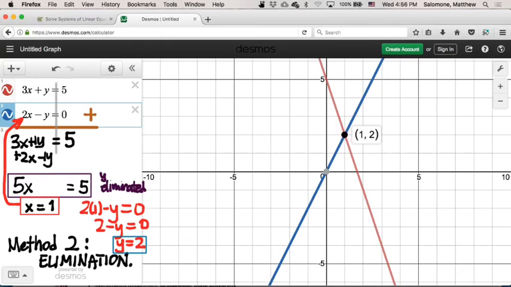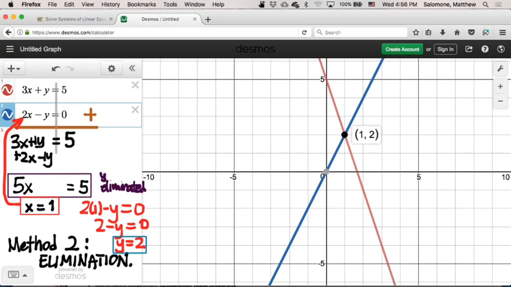And so the only difference between this method and substitution is in how we get rid of a variable. In substitution, we got rid of it by substituting. In elimination, we get rid of it by adding the equations together in a way that makes that variable cancel. And that was real easy in this example, because already, in the very beginning, one of my equations had a y, the other equation had a minus y, and when I added those two together, y was gone.